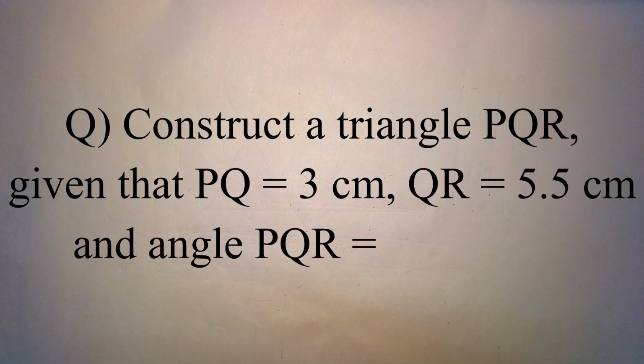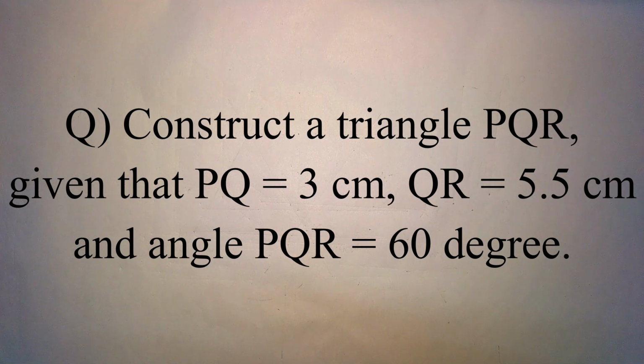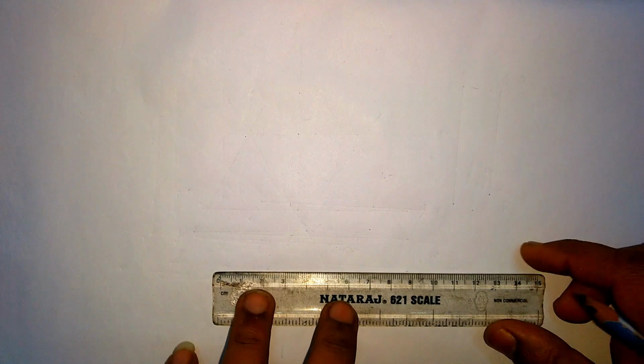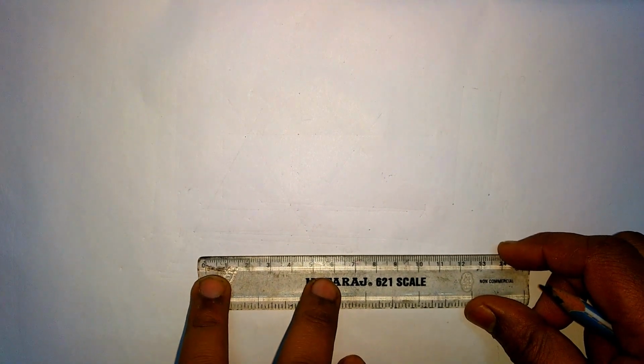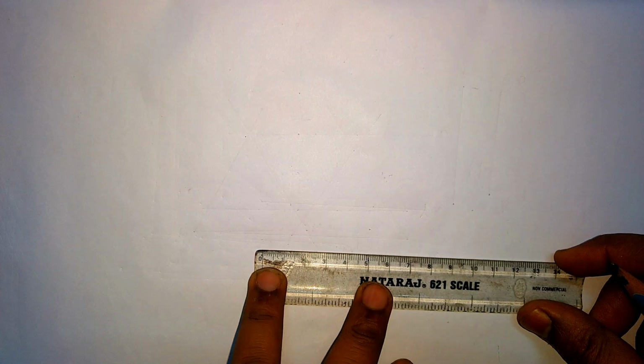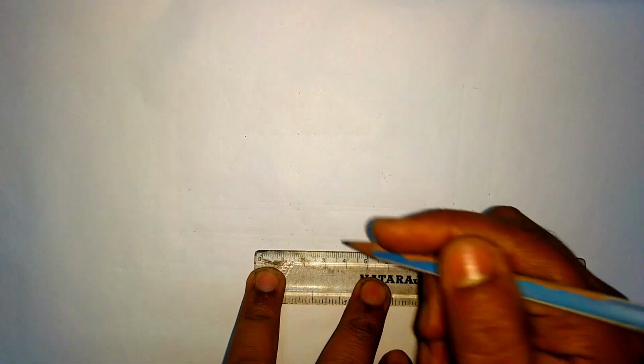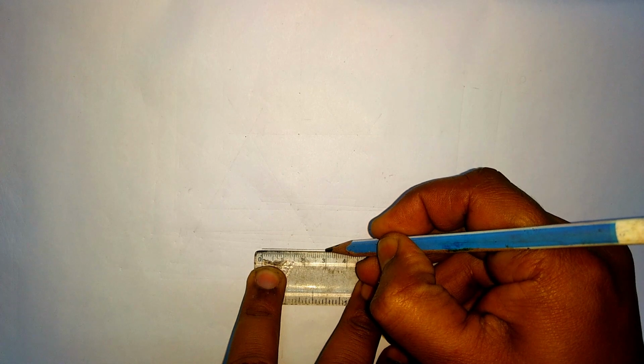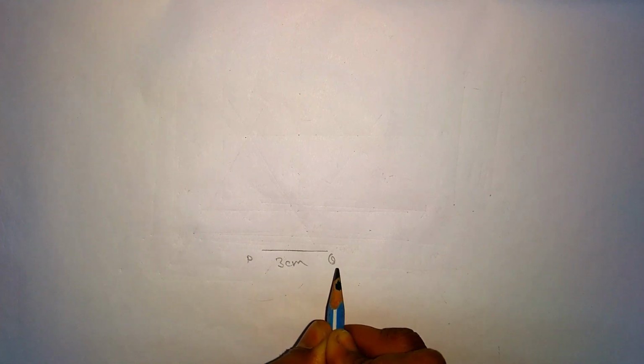construct a triangle PQR given that PQ is equal to 3 cm, QR is equal to 5.5 cm and angle PQR is equal to 60 degree. So first of all, we have to draw a line PQ of 3 cm. This is line PQ of measure 3 cm.